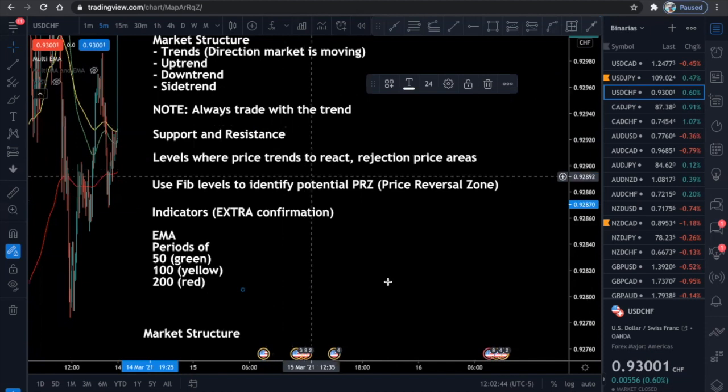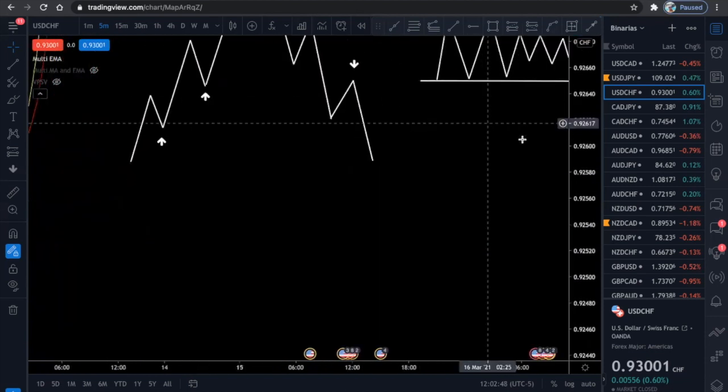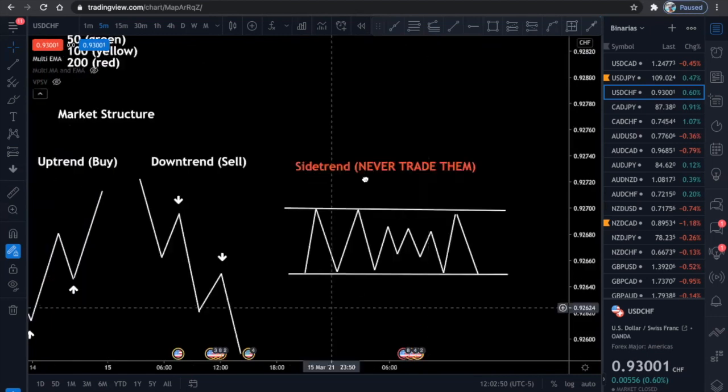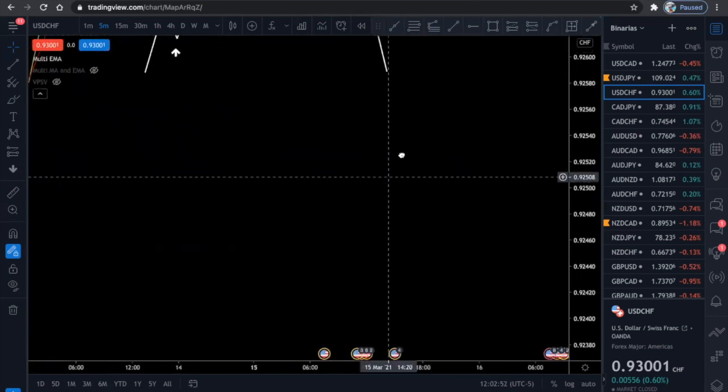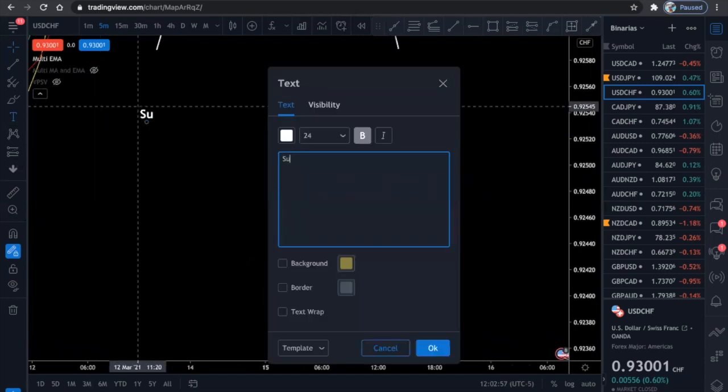How can I explain an easy concept of what support and resistance actually is? Let me go down here. And now we're going to see support and resistance.